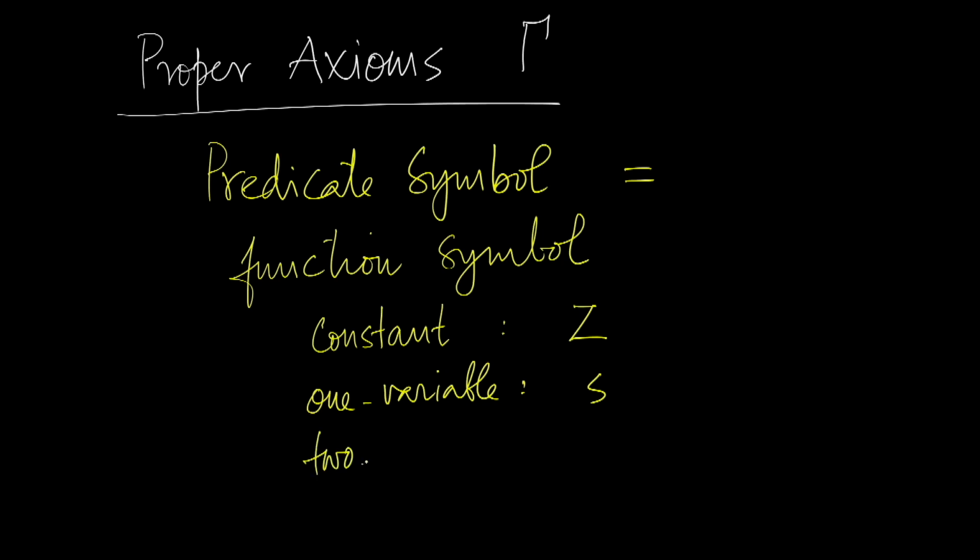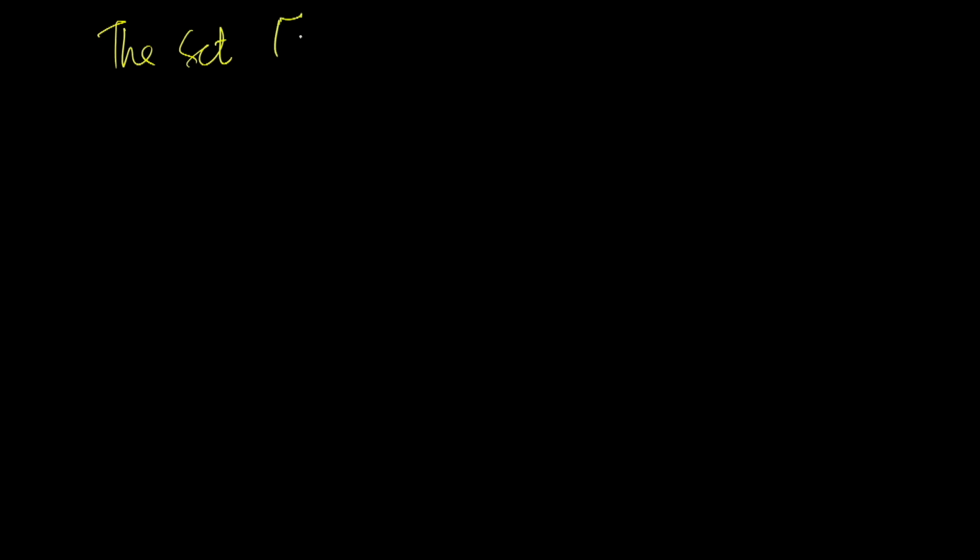There are two variable function symbols, which are a and m. Let us say these are the only symbols that the system has, the function symbols and the predicate symbols. So these, along with the logical connectives, quantifiers, brackets, will form the alphabet of the language, and the set gamma consists of the following axioms.